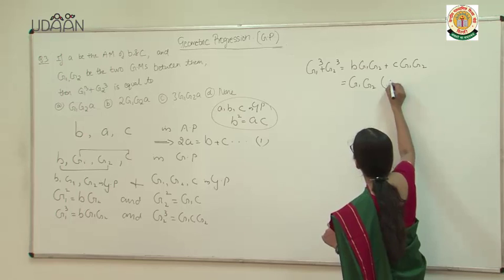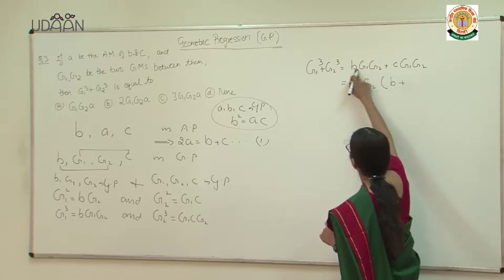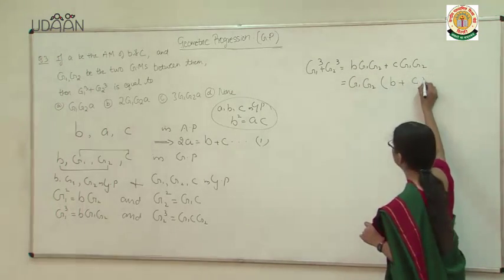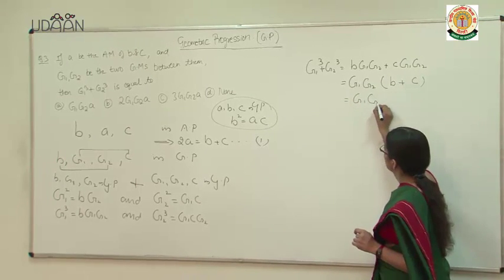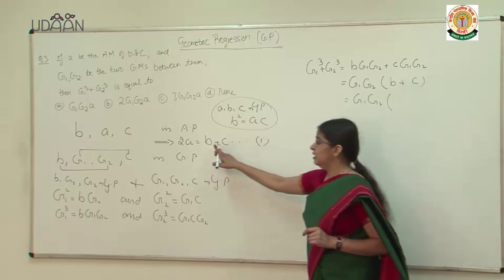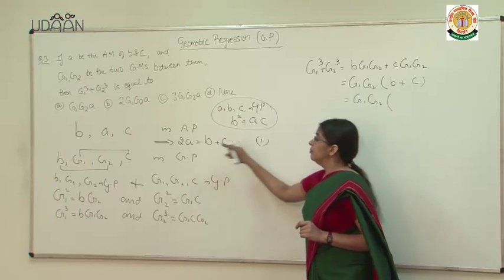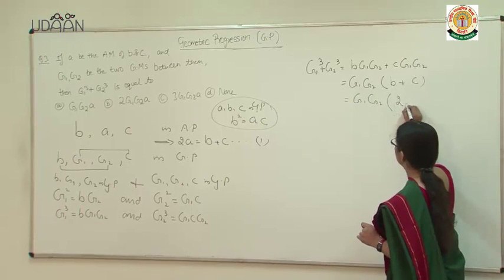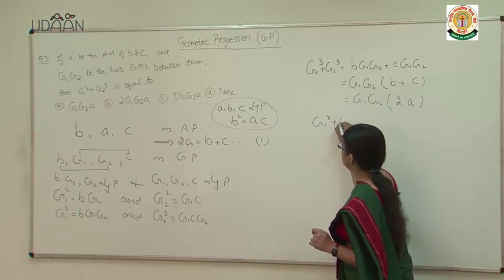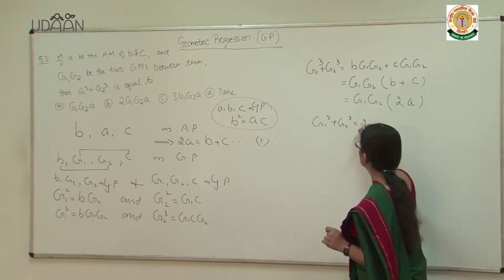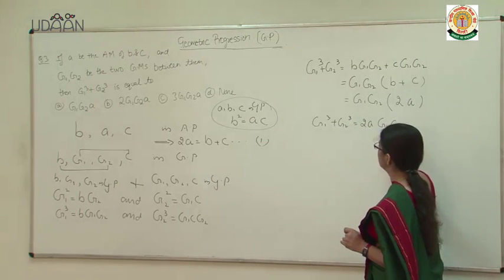When you take G1 G2 out, what all things are left? First term B and second term C. See, what is our first equation? From equation number 1, what is the value of B plus C? B plus C is twice of A. Put this value here. So, G1 cube plus G2 cube equals 2A into G1 G2.